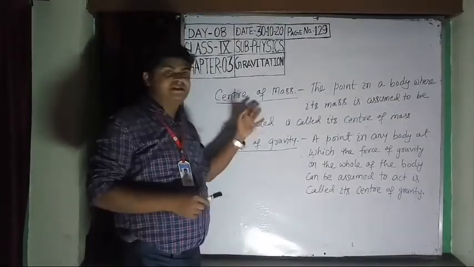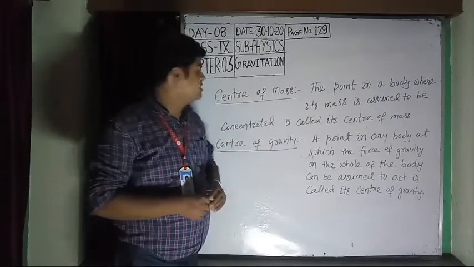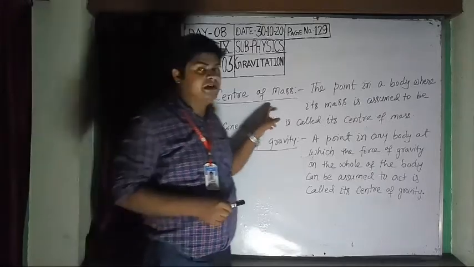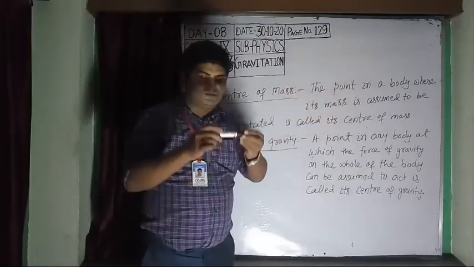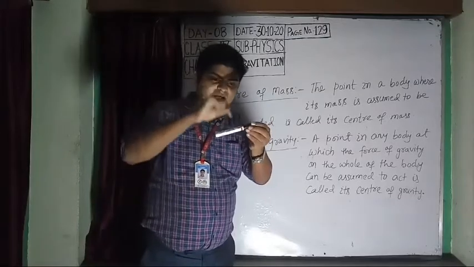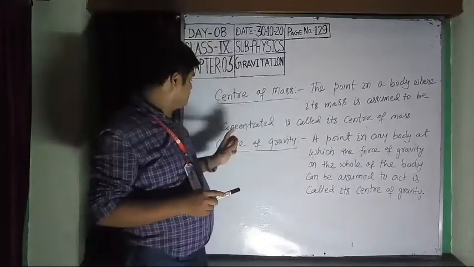The next topic is center of mass and center of gravity. It is a very small topic, so try to understand center of mass. Suppose this is a body, and you decide a point on the body where its mass is assumed to be concentrated.